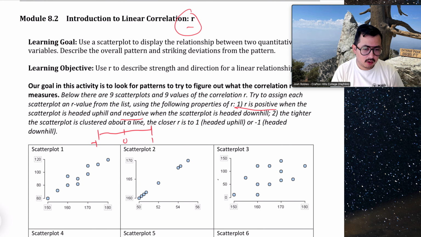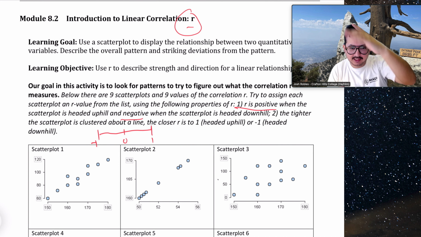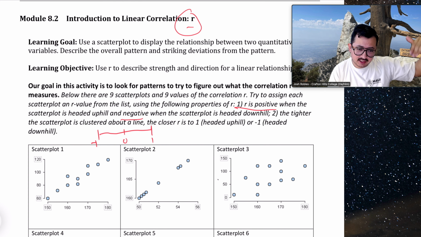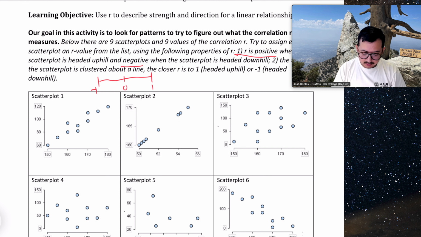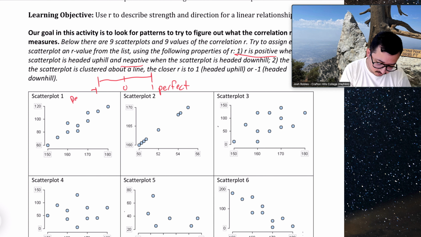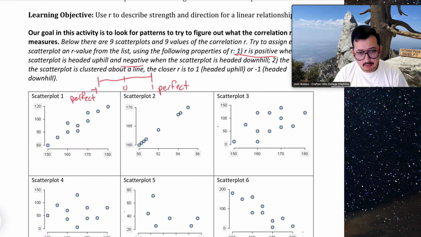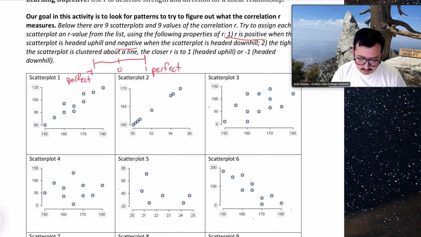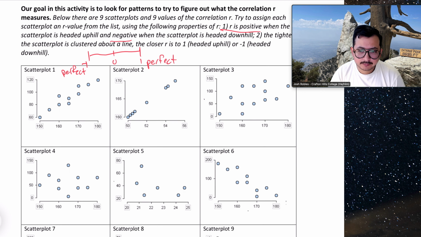So an R of 1 means it looks like a perfect line heading uphill, and an R of -1 is a perfect line heading downhill. So perfect on 1, perfect on -1, and 0 would be no pattern at all. 0 for us would represent no correlation.